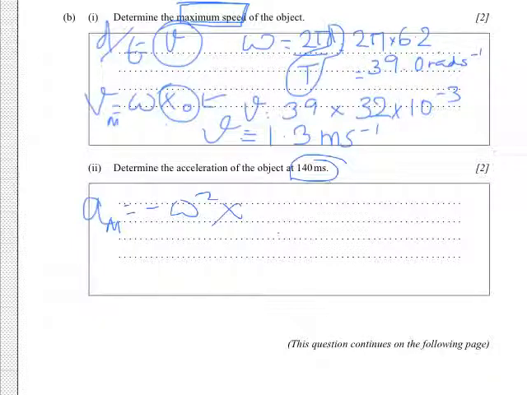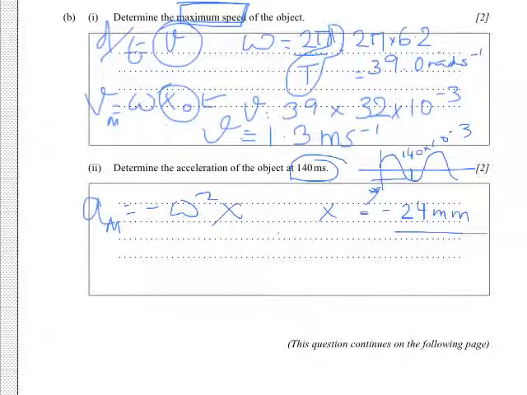So if you go back to the graph, okay, and you have a look, and if you find at that point 140 times 10 to the minus 3, you should find an x of approximately a displacement of minus 24 millimeters. Okay, so you find that value on the y-axis.